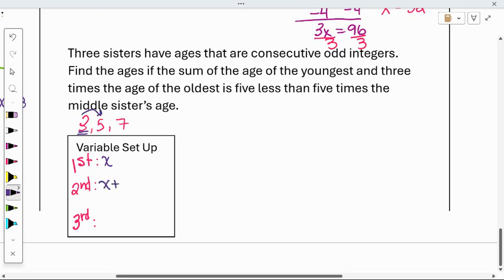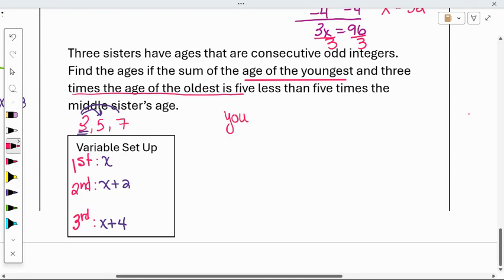Perfect. Awesome. You guys got this. You're doing really well. It says we've got 3 sisters. Their ages are odd consecutive integers. Find the ages if the sum of the youngest and 3 times the oldest.